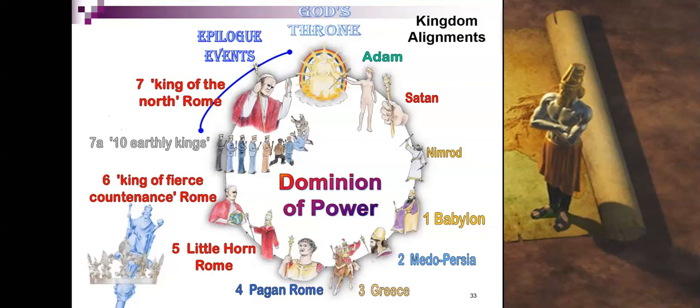The epilogue is the most important part of Daniel's book and presents a general question of how long shall it be to the end of these wonders? The answer follows in 3 timelines that throw a floodlight on events that will transpire right up to the very eve of the second coming of Yahusha.